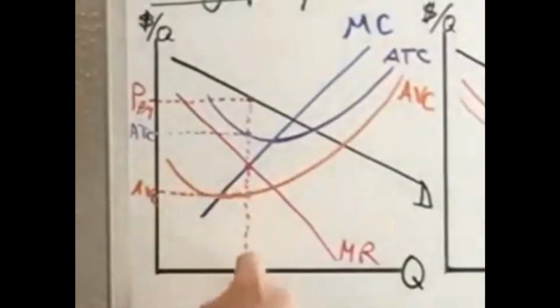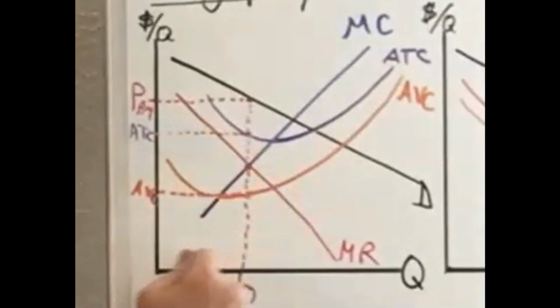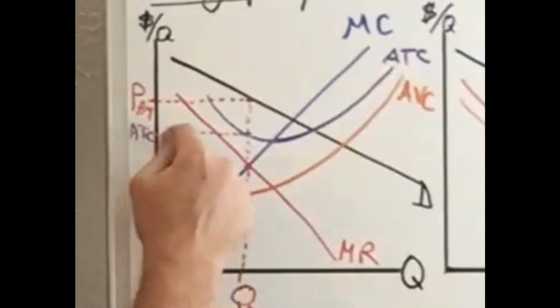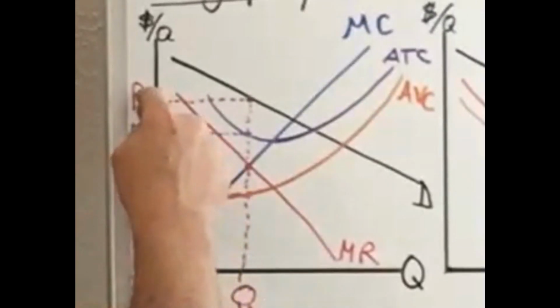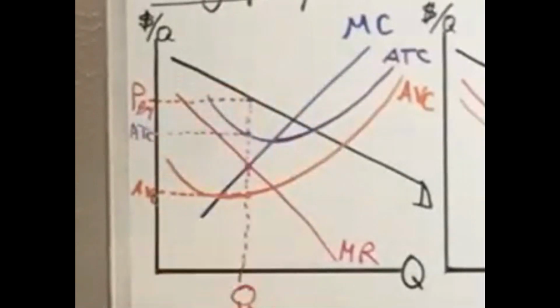So this rectangle is going to be the variable cost. This larger rectangle here, that's the total cost of the firm, because we're going to multiply the height, the average total cost, times the width, the quantity. This rectangle represents the total cost of the company. And then if we multiply the price times the quantity, this largest rectangle represents the total revenue.